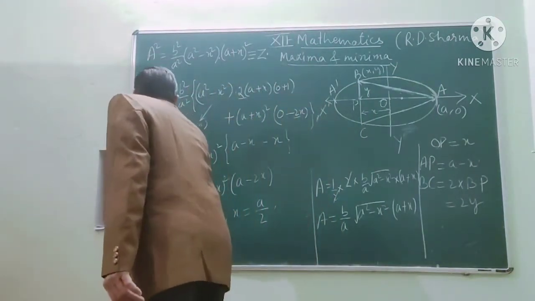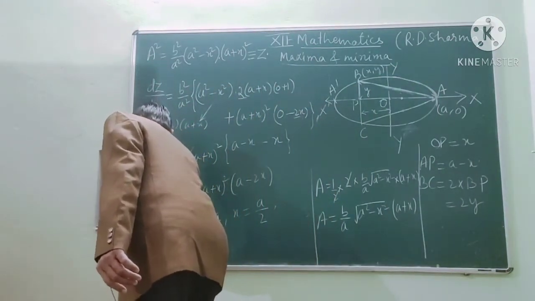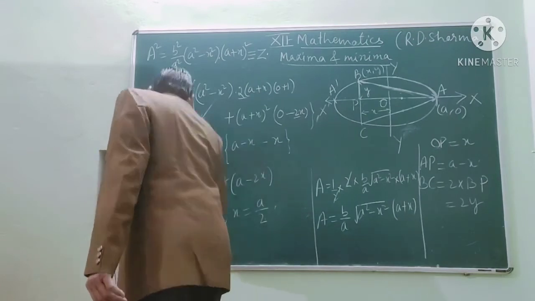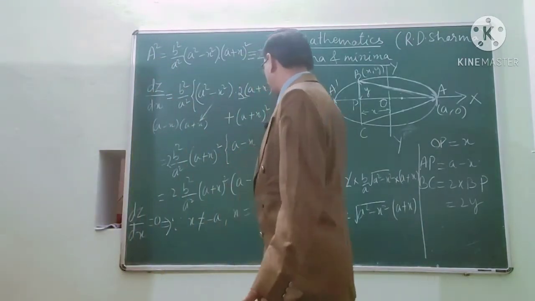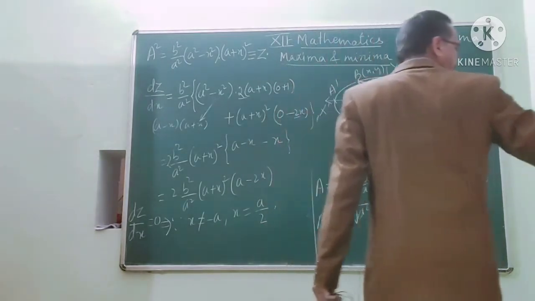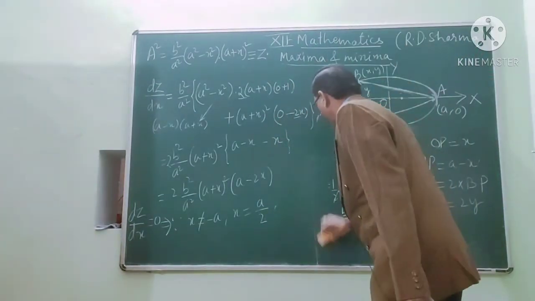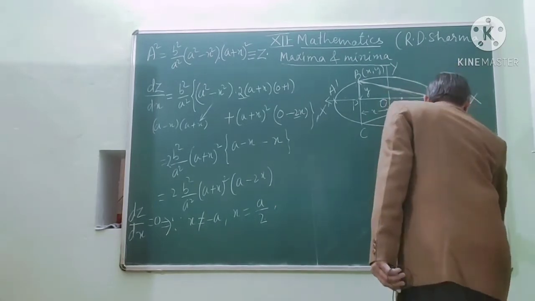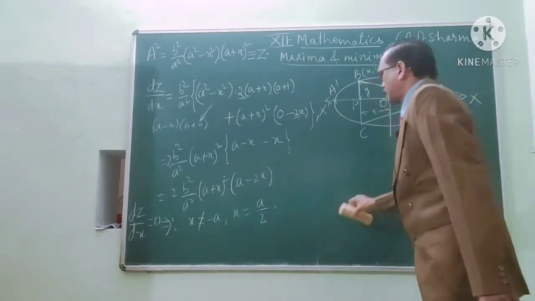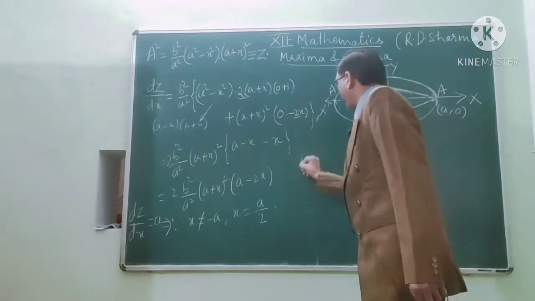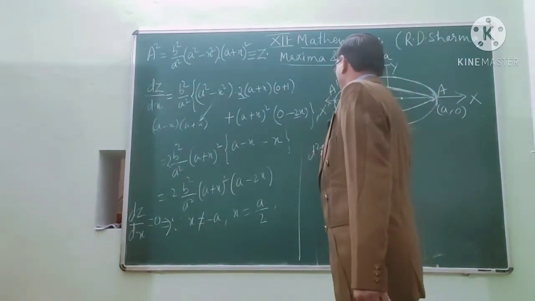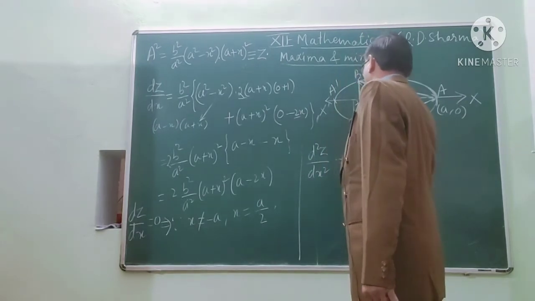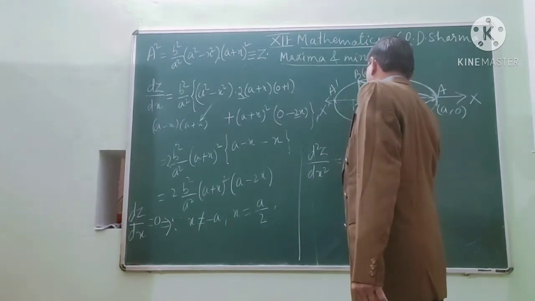Student, since the first order derivative is 0, from this we get the value of x. It is a by 2. Now we will find the second order derivative, d2z over dx square. So d2z over dx square equal to 2b square upon a square.